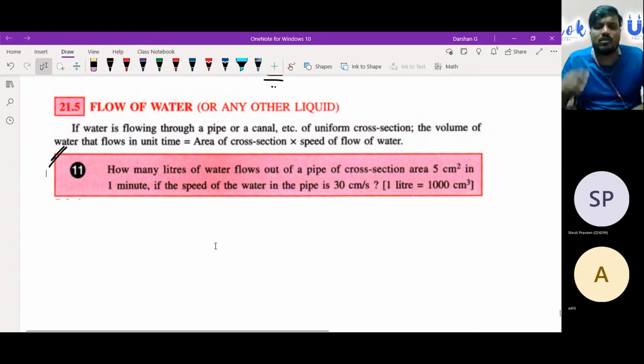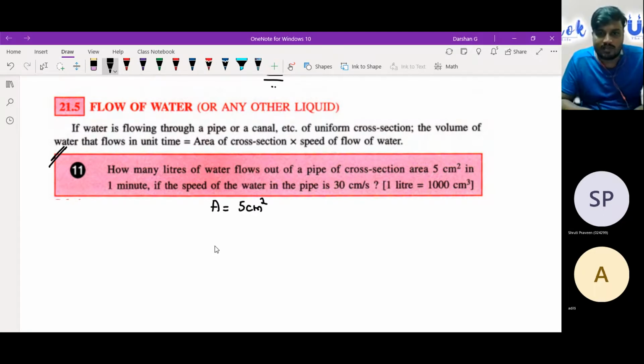How many liters of water? They're asking how many liters would come out of the pipe of given cross section area. Area is 5 centimeters squared. In 1 minute, how much water will come out, if the speed is 30 centimeter per second.